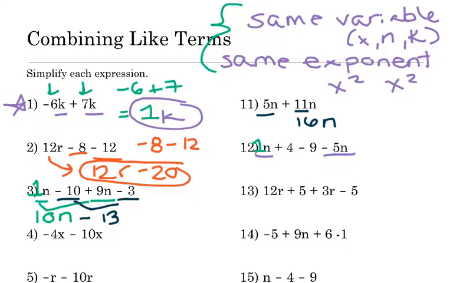I need 1 minus 5. That is negative 4. Keep the n. Now you pay attention to what we've left over. Well, coincidentally, a positive 4 and a negative 9 can go together just fine. Both just numbers, no variable. Got to do 4 minus 9, which is a negative 5.